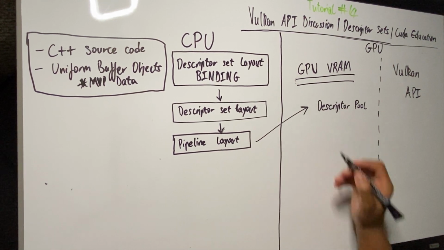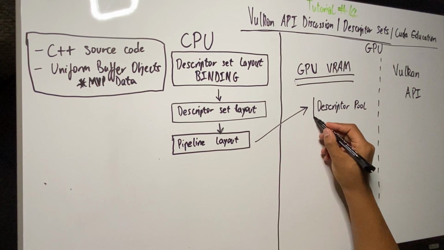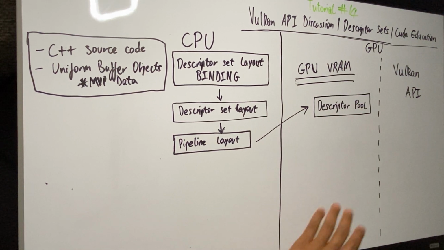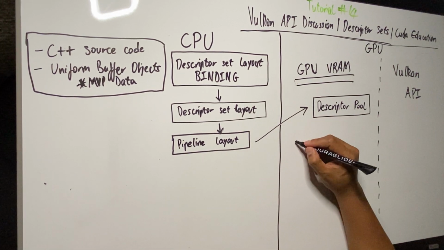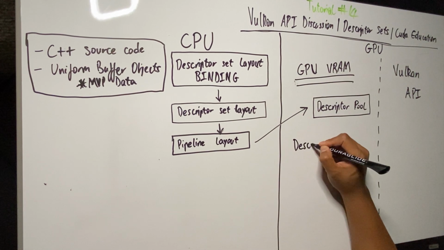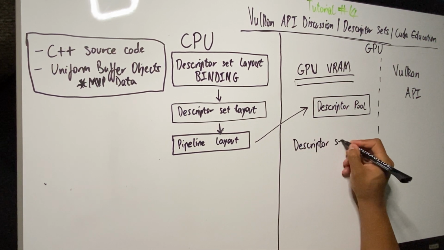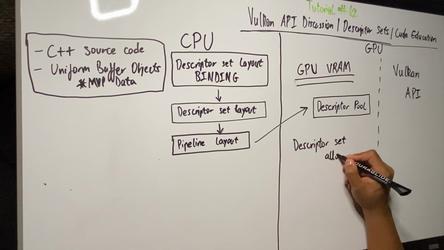So we have our descriptor pool, and then the next thing that happens after the descriptor pool is descriptor set allocation.